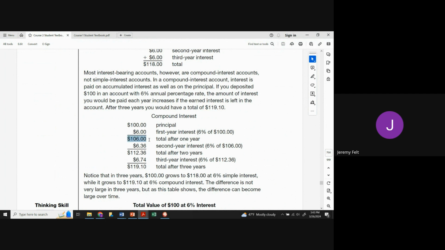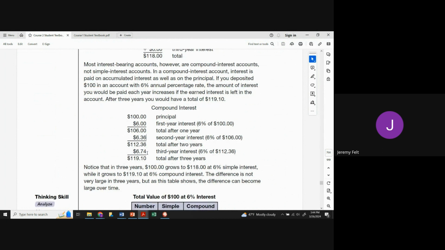But now we're at 106, and you're taking 6% of 106, not 100. And so this is our new starting point. We're taking 6% of that. 112.36, we take 6% of that, that's $6.74. So you say, big whoop, okay, we made 118, and this one we made $119.10.